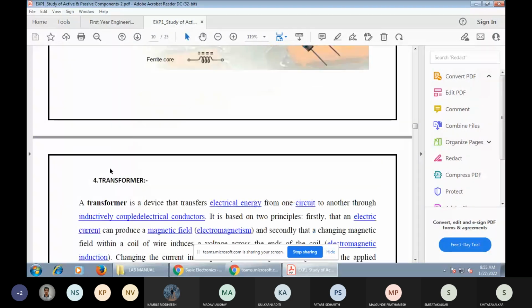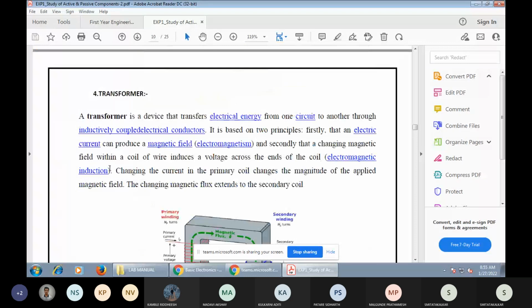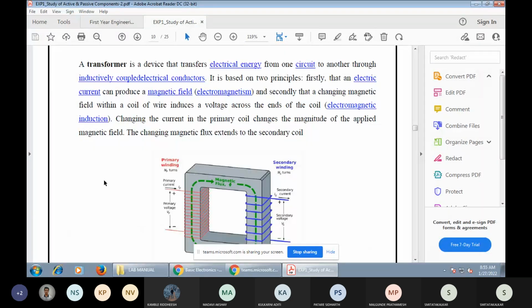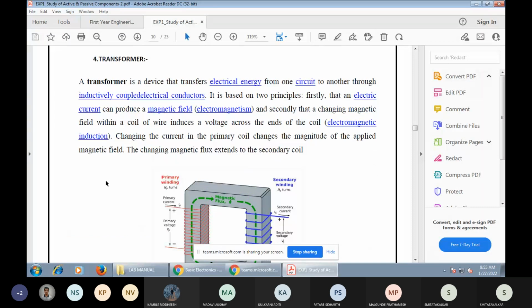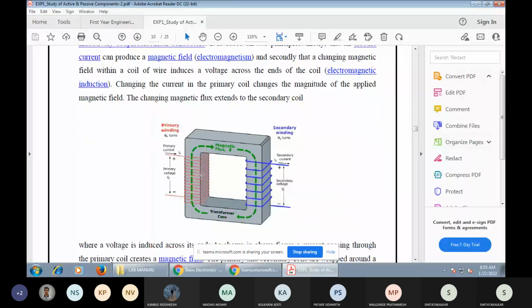Then the next component, the transformer. A transformer transfers electrical energy from one form to another. Current flows through the primary winding when voltage is applied. If the iron core is charged, then the current flows from the primary winding to the secondary winding.